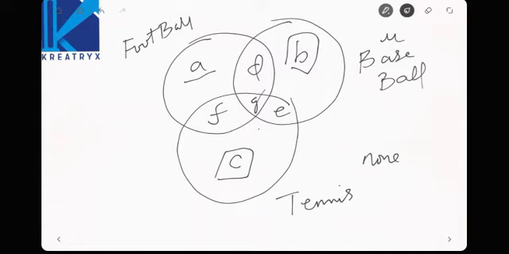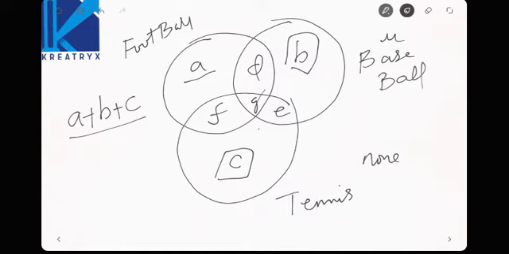So only one game means A plus B plus C. Now find out the persons who are playing exactly 2 games. Exactly 2 games means the persons have to play exactly 2 games.